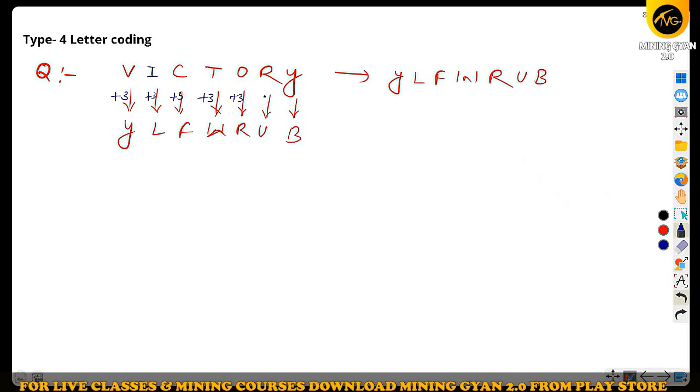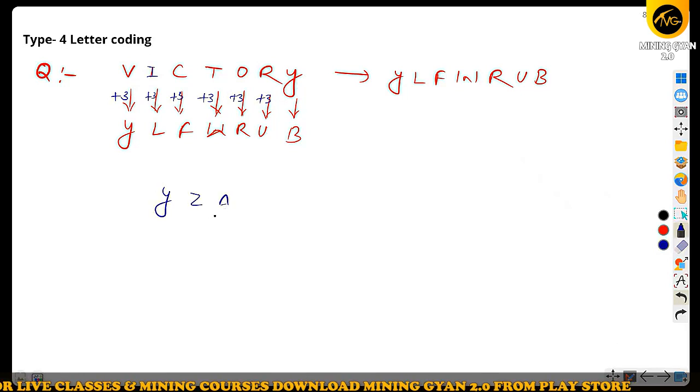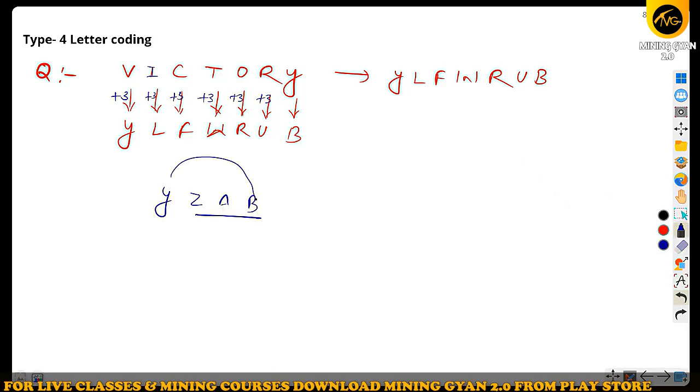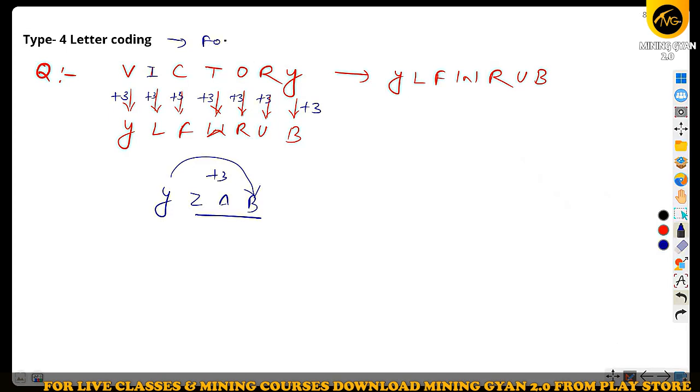S, T, U: again the gap is plus 3. And Y, Z, A, and then B. So the gap between Y and B will be 3. Again the gap is 3, because this is forward coding.